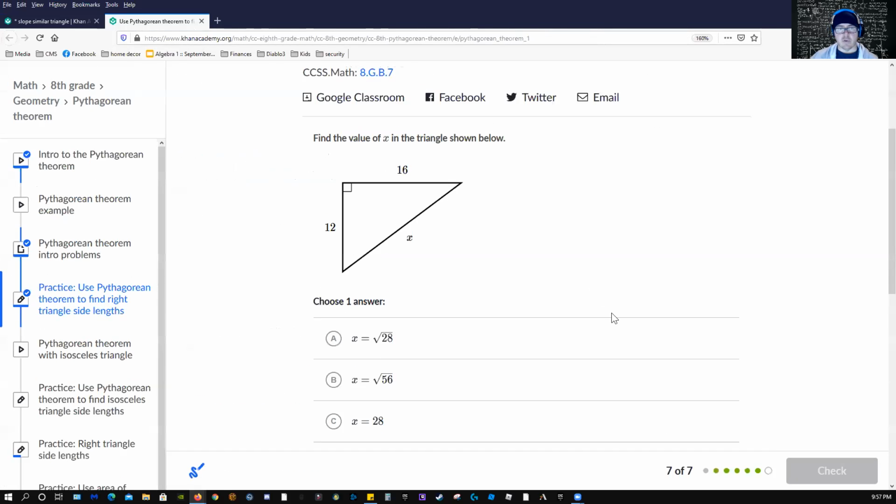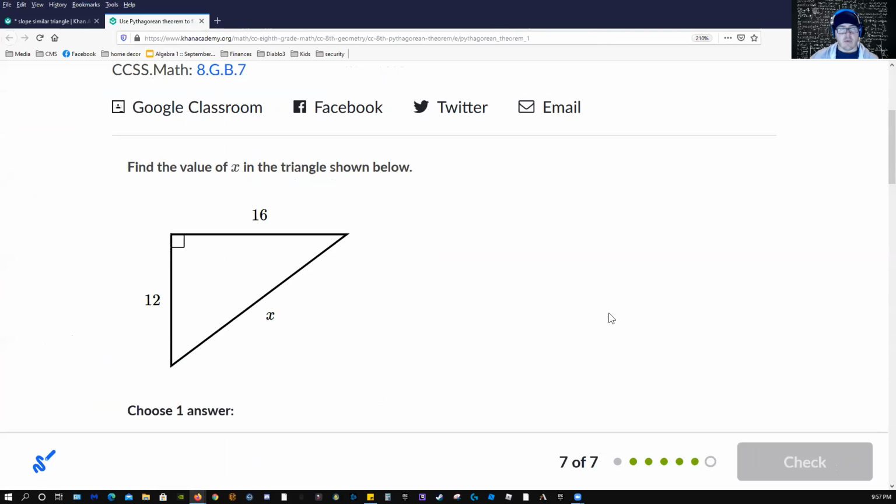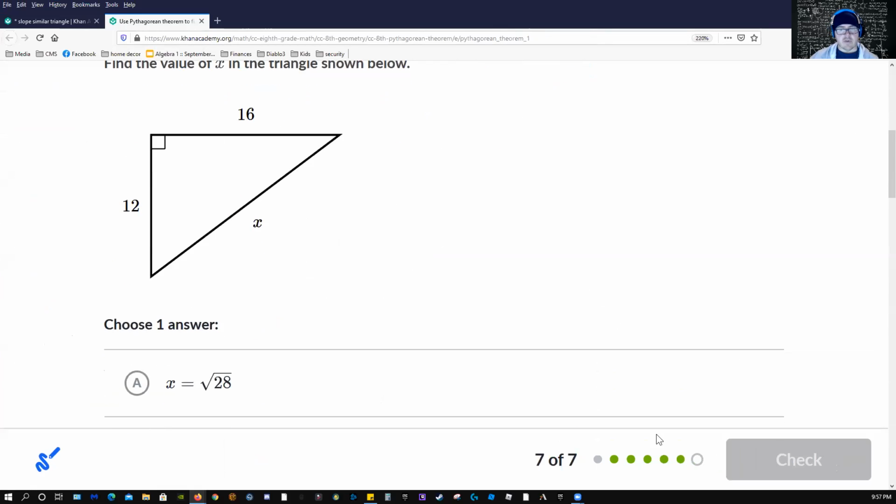Here we go. Let me zoom in a little bit. Okay. So as soon as I see this, I notice the side that's missing is the hypotenuse because it's across from the right angle.